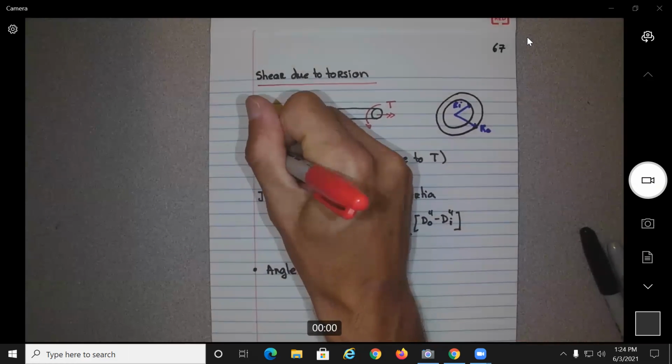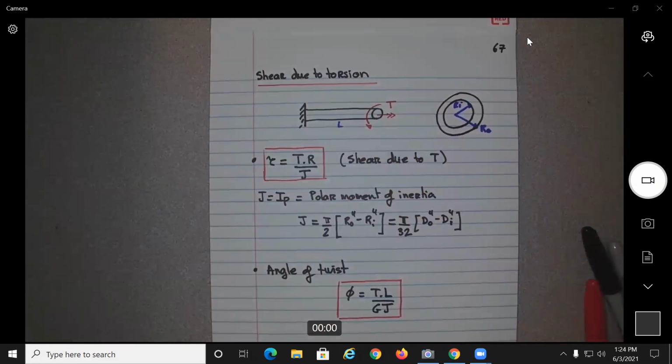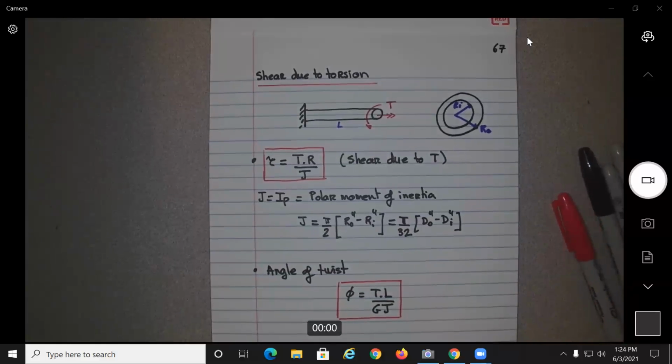You must have seen them in solid mechanics. Okay, so here just a comment, as some people catch up on the writing.